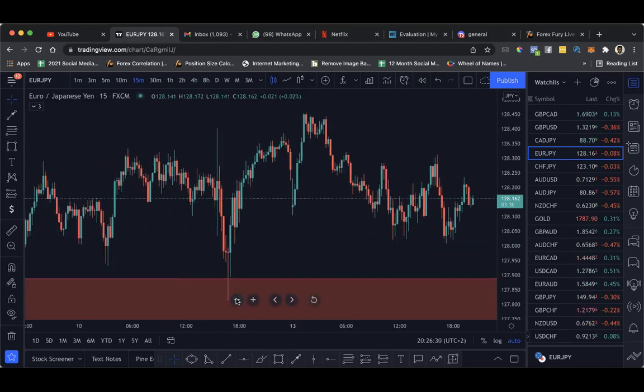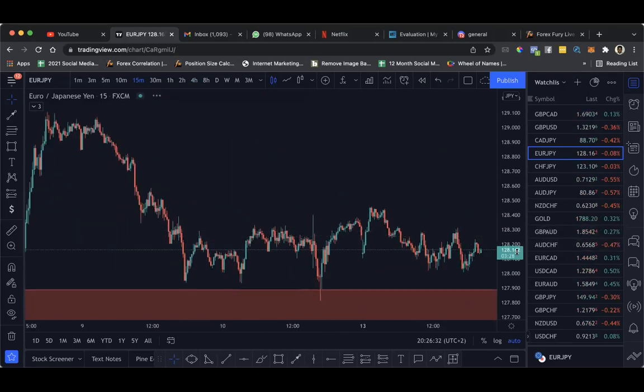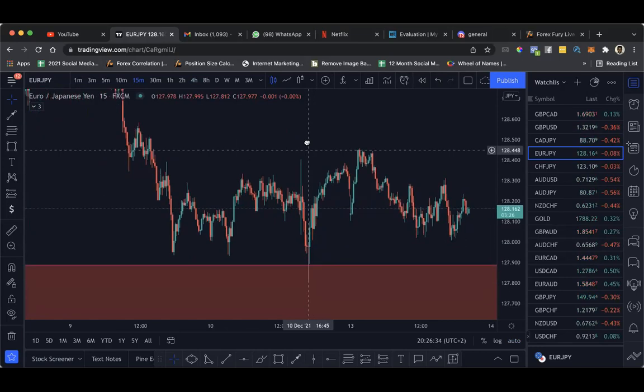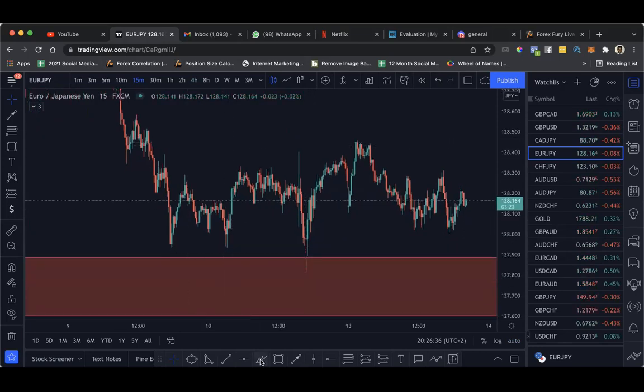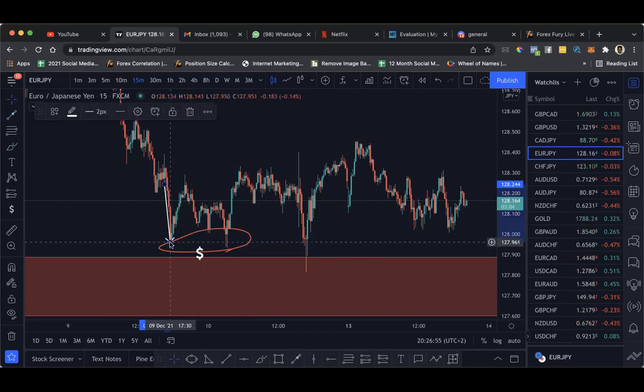So this is a 15 minutes chart right here. Now, check this out. This is liquidity. What you're looking for on a lower time frame is an order block, and what confirms an order block is liquidity. This is like an M pattern here. People's liquidity has been taken out.